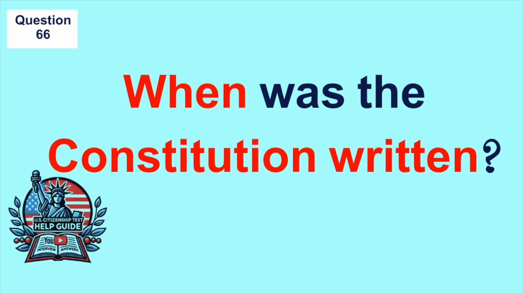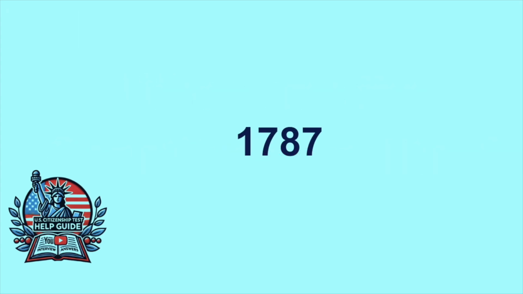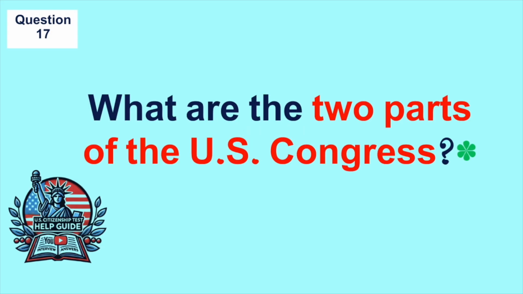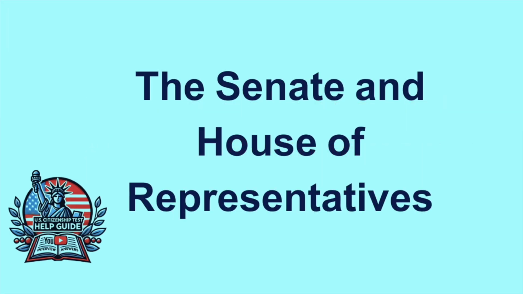When was the Constitution written? 1787. What are the two parts of the U.S. Congress? The Senate and House of Representatives.